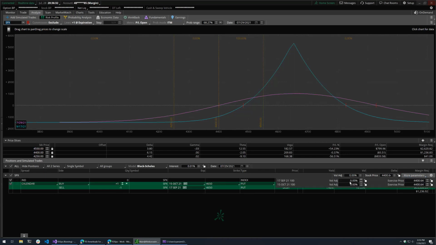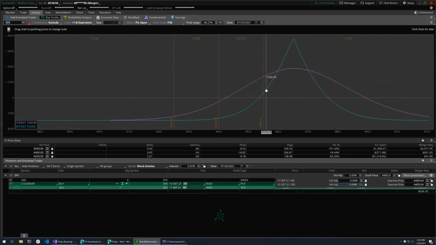And then, of course, if we're currently in backwardation, suppose we're at a market low today, which we're not, but we think the market's going to go up from here, then you can expect this to potentially drop by 5 vol points, whereas this one will drop by 3, right? And then you've actually increased your profit potential by trading with volatility rather than against it.